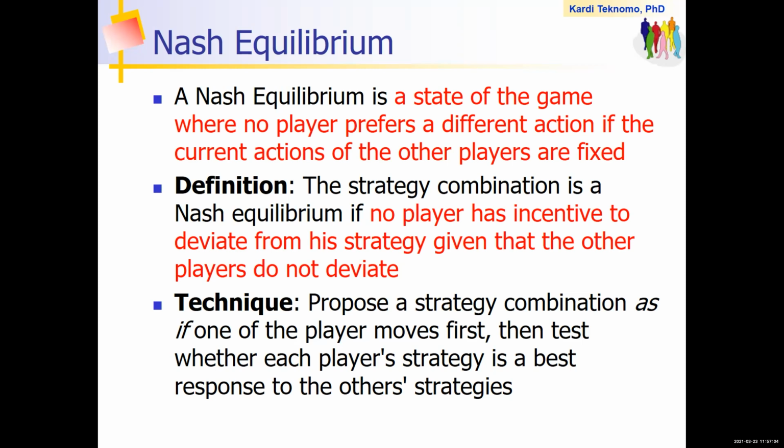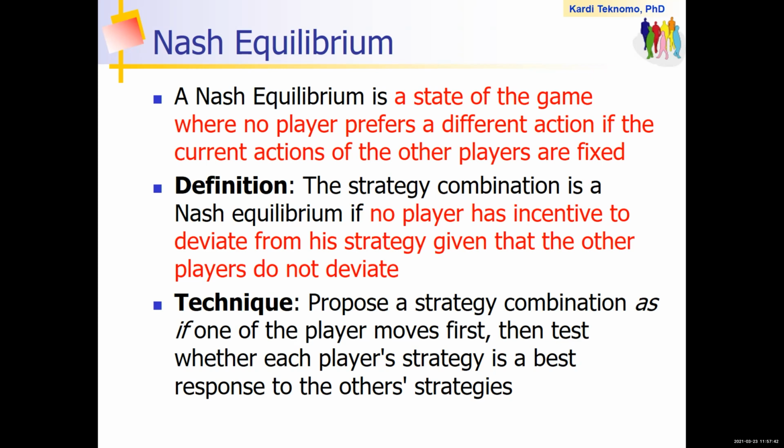In a traffic situation, for example, you always use a certain route from your house to your school because that route gives you a certain travel time. If everybody thinks the same way, that becomes Nash equilibrium, because you have no incentive to deviate from your route, since other players also do not change.